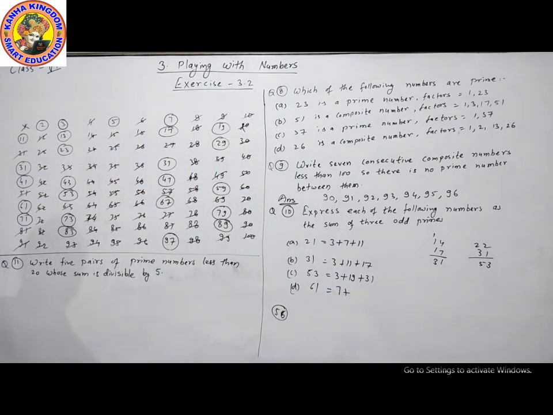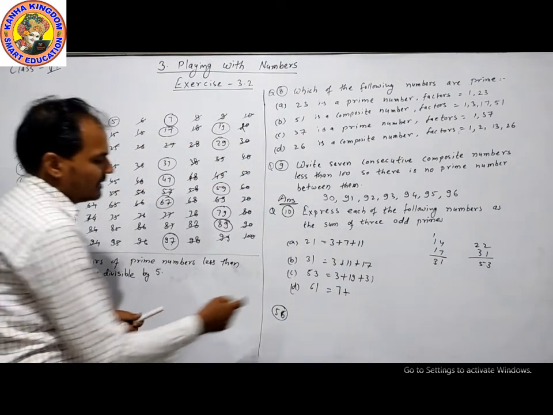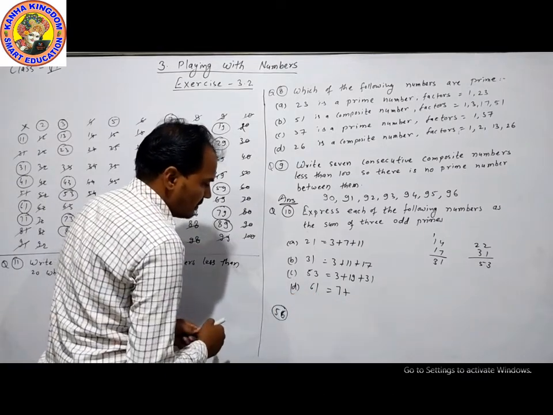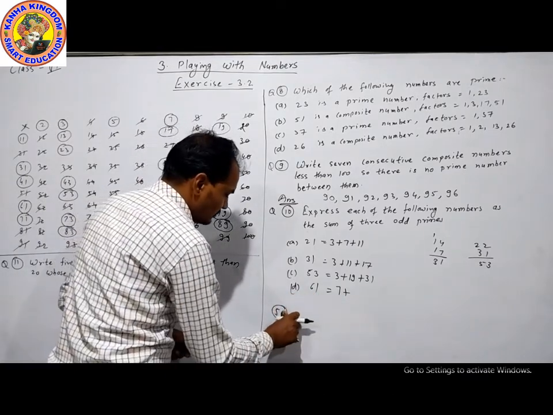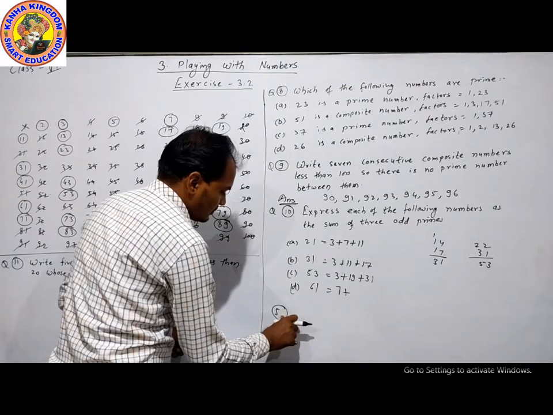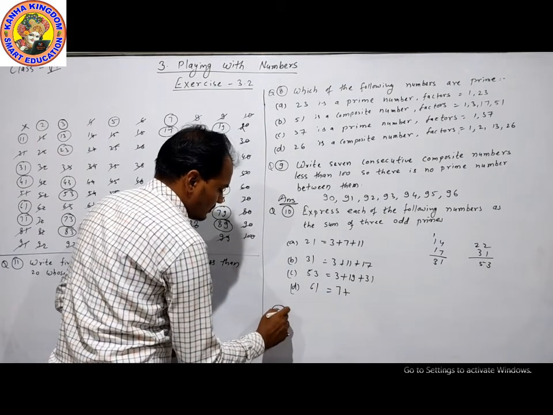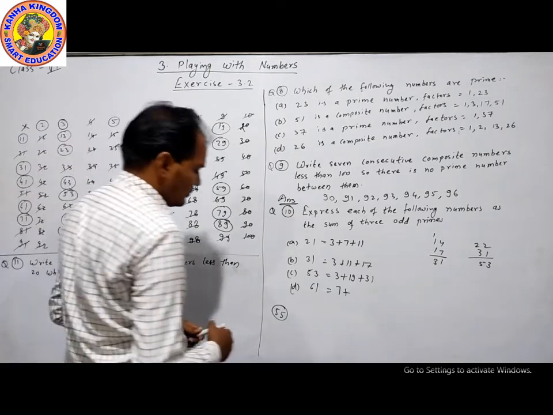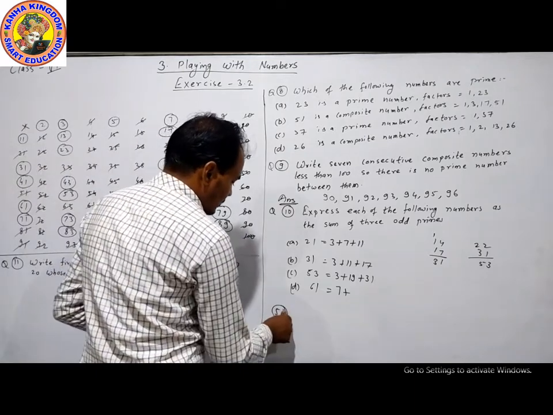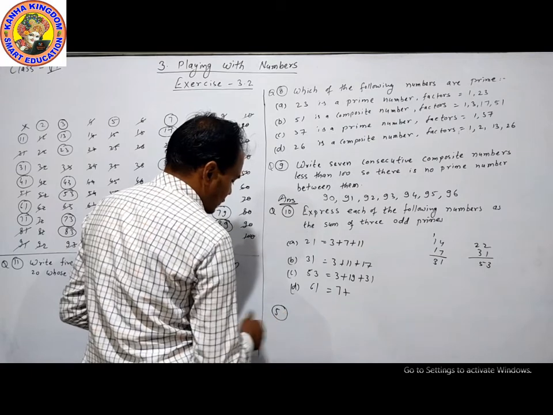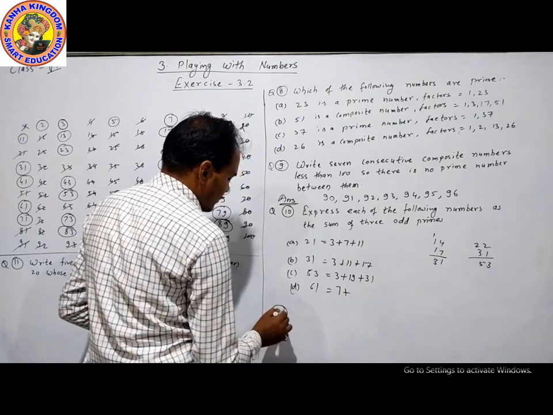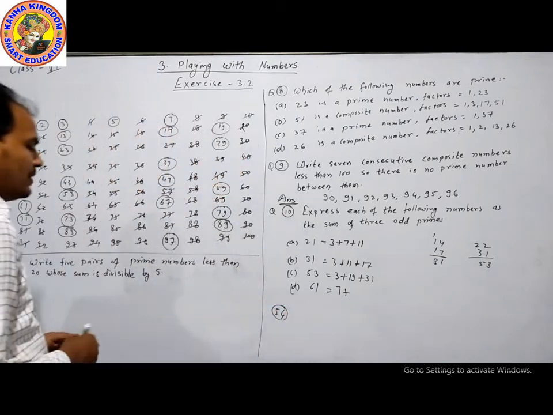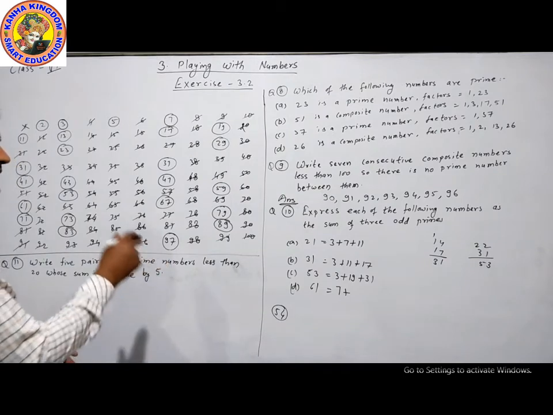By using 7, remaining is 54. 54 plus 7 is 61.